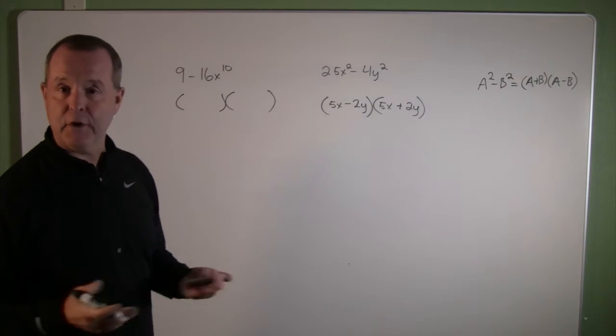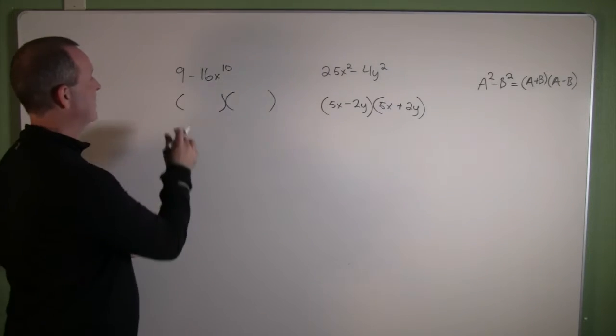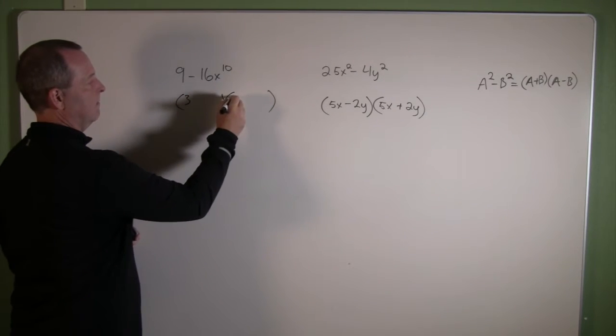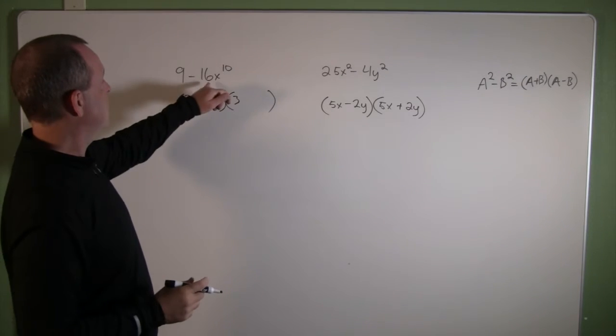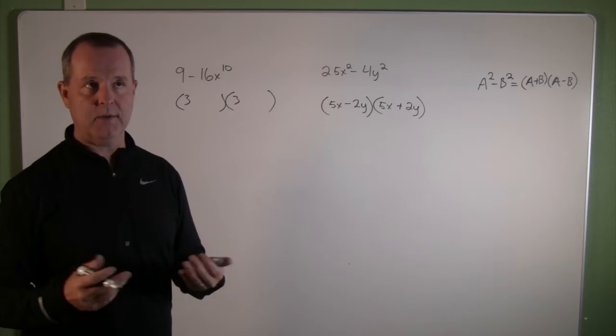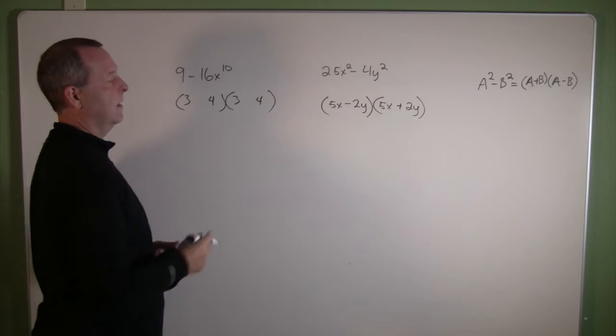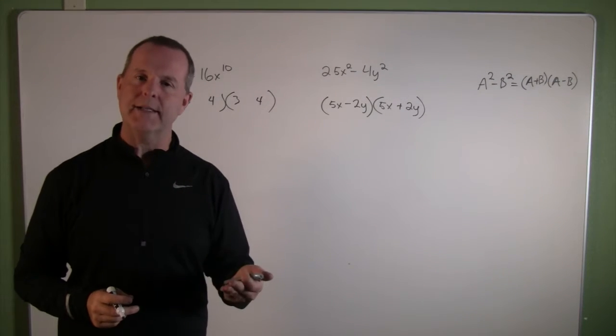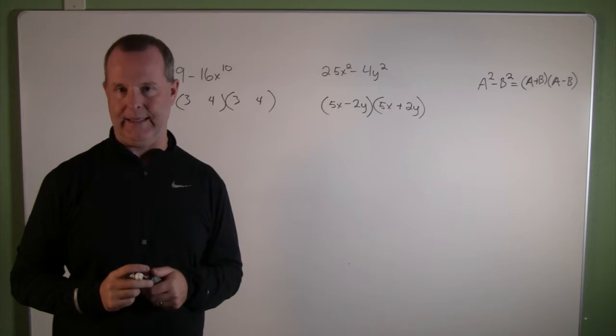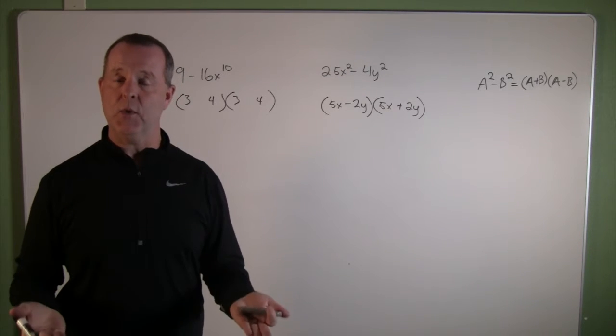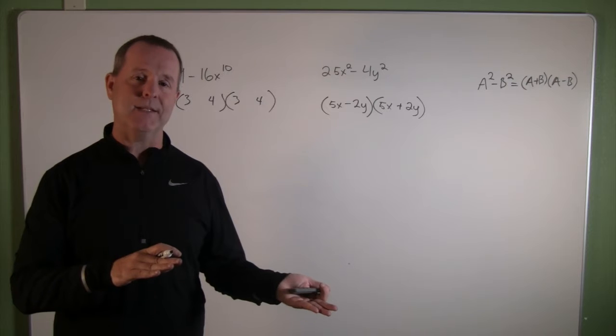Maybe you could do the 9 first. What times what makes a 9? A 3. Now 16x to the 10th. Well, I know 16 comes from 4s. x to the 10th: what times what makes x to the 10th? When you're dealing with exponents, you add the exponents when you multiply.